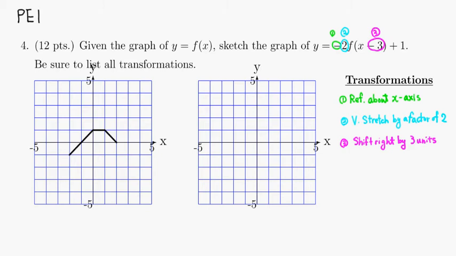And the last one, this is an easy one, very intuitive. Adding 1 moves up 1. So here, 4. This is going to be a shift upward by a unit.